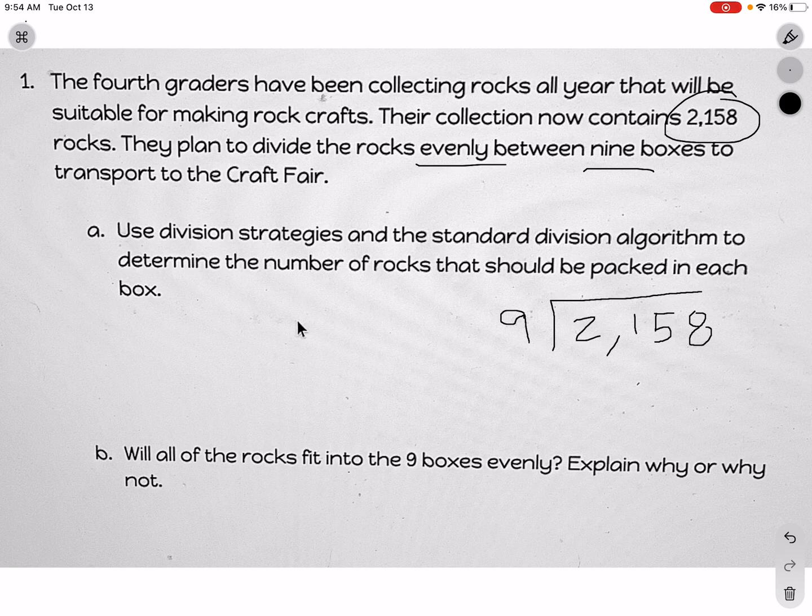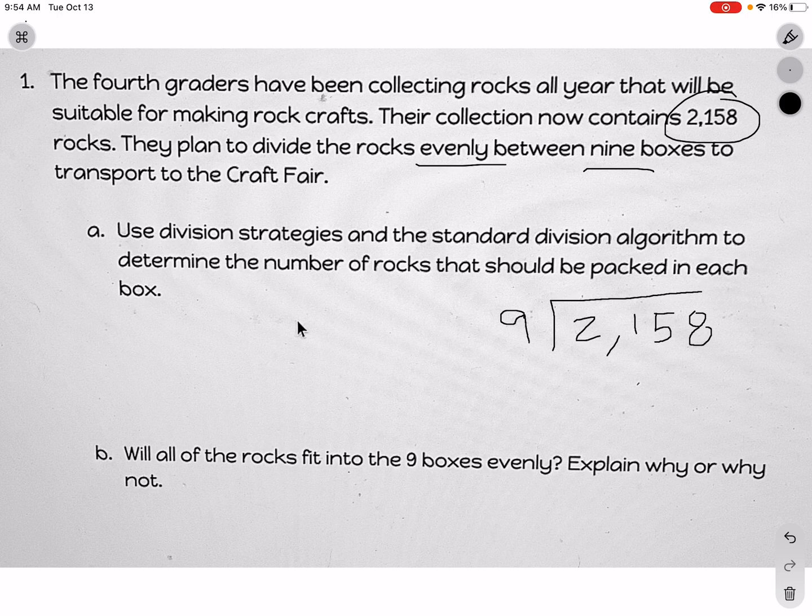Okay, very good. Here's what I'm going to do. There could have been multiple strategies for estimating. I'm going to do it this way. I'm going to do a lower and an upper limit to where I think the answer to this problem might lie.